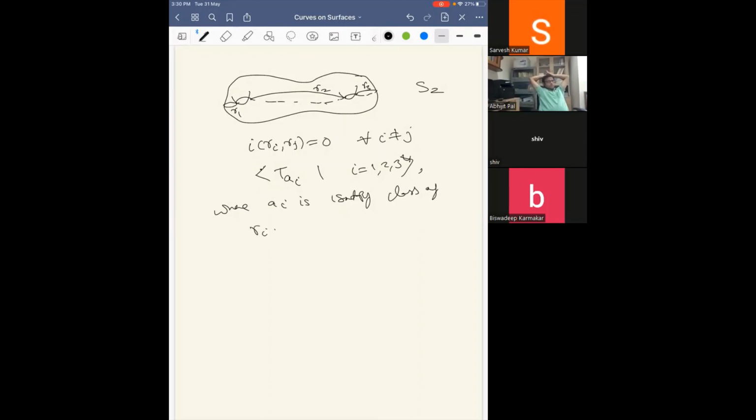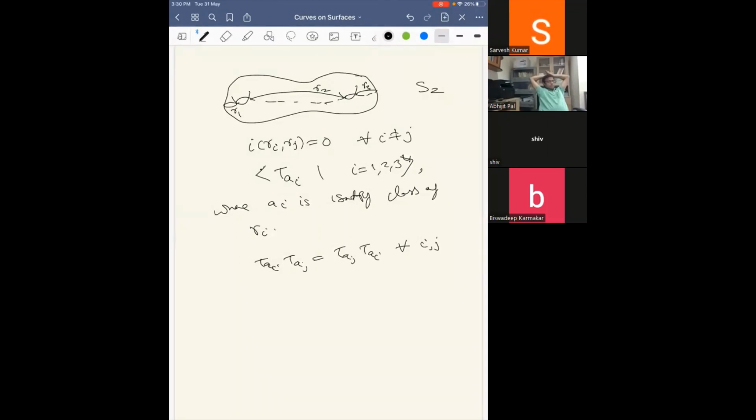Then by the previous argument, T_{A_i} and T_{A_j} commute for every i, j. They commute, and each of them represents an infinite order element.